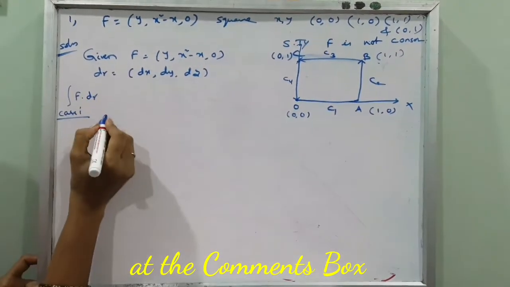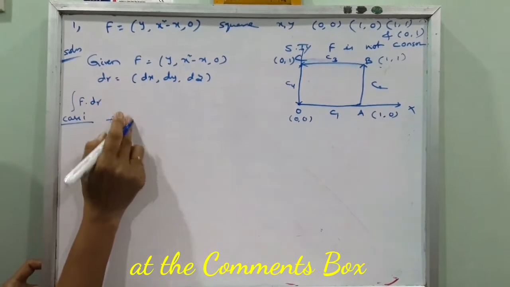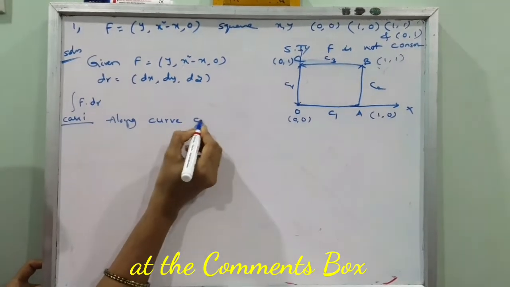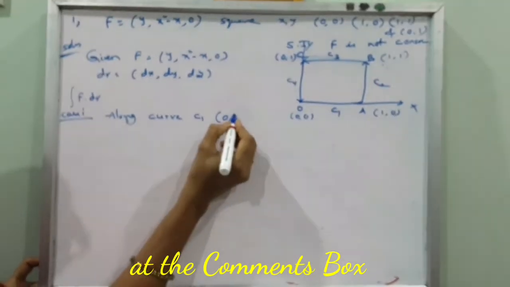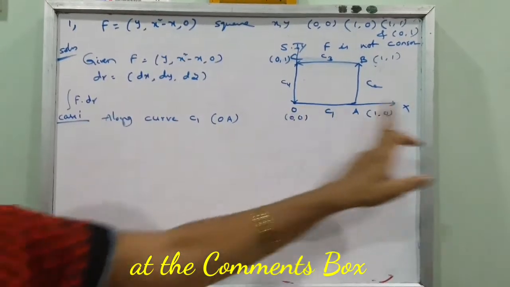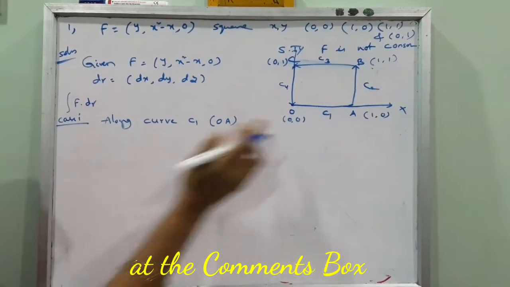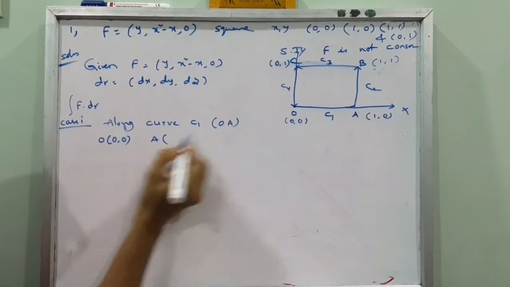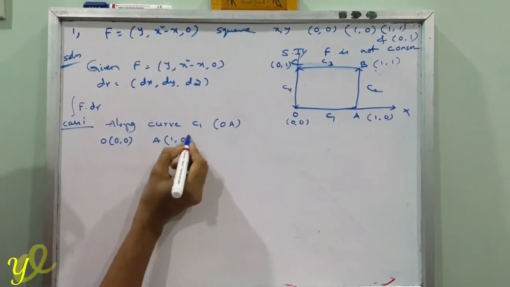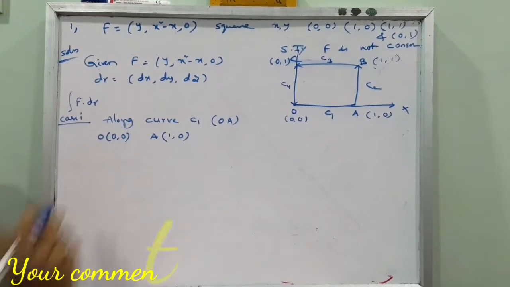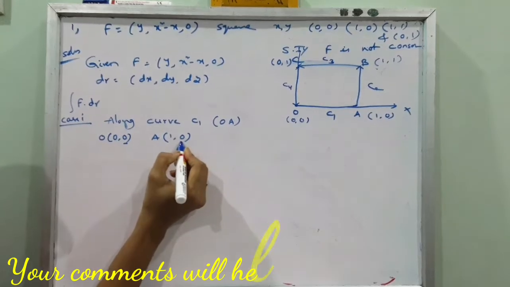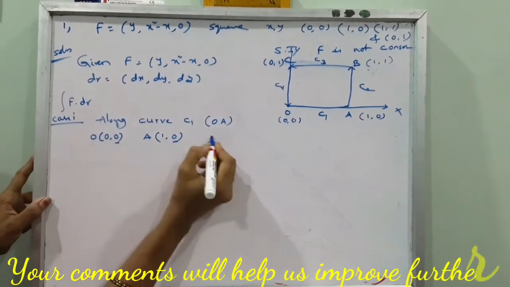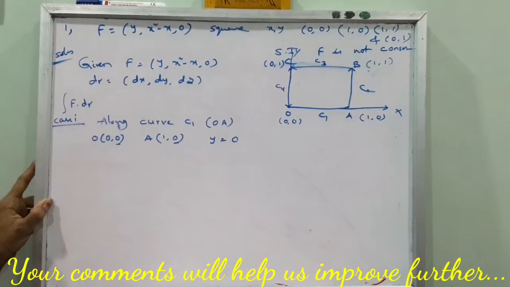along curve C1. This is nothing but OA. Along curve OA, O is (0,0) and the vertex A is (1,0). The common coordinate is y, so y is equal to 0.